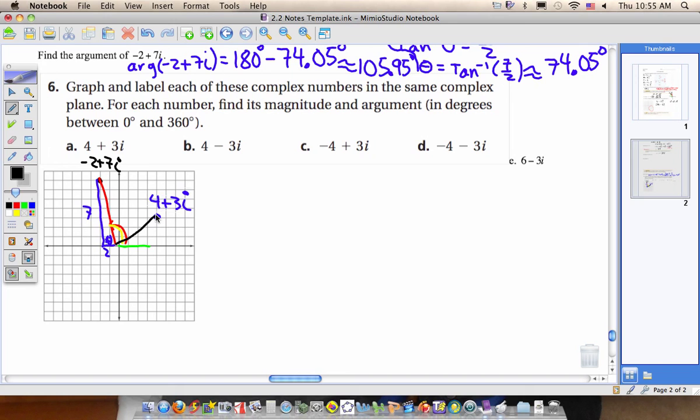And then I'm just going to draw it as a vector. And again, that just means connect the origin to the point. Now we have a right triangle. The vertical side is 3. Horizontal side is 4. And I'm going to call this angle A.